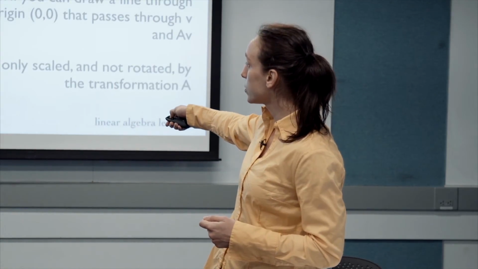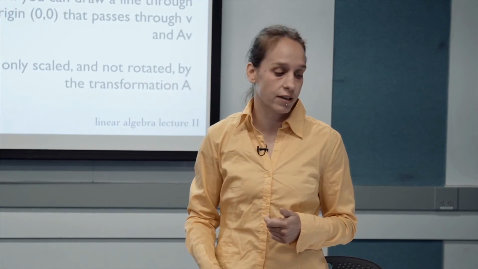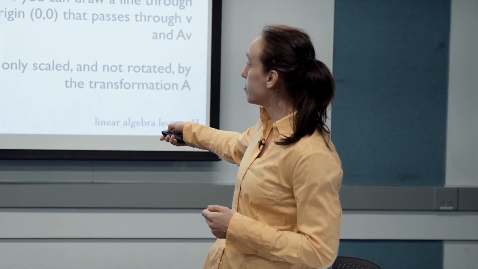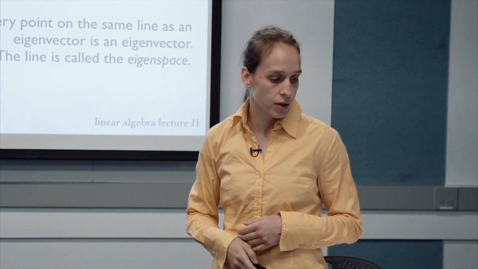So if all the points, the original point, the transformed point, and the origin lie on the same line, that is an eigenvector. And the magnitude change between the original vector and the transformed vector is the eigenvalue. And once again, that means that the vectors are only stretched and not rotated by this transformation.